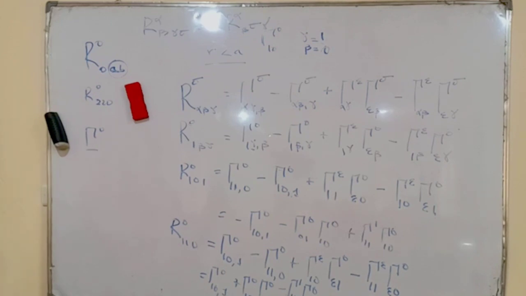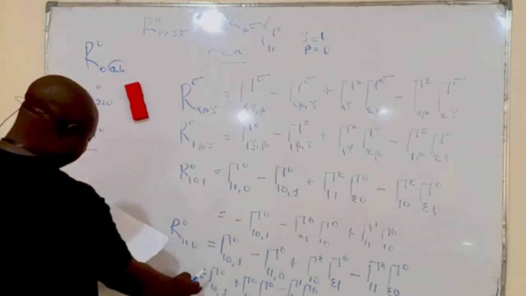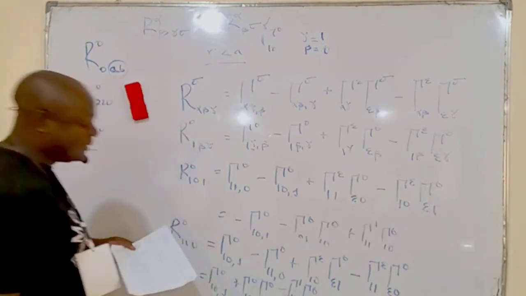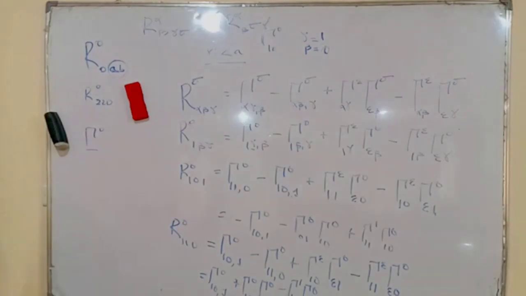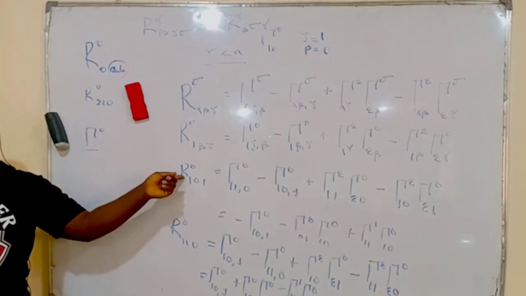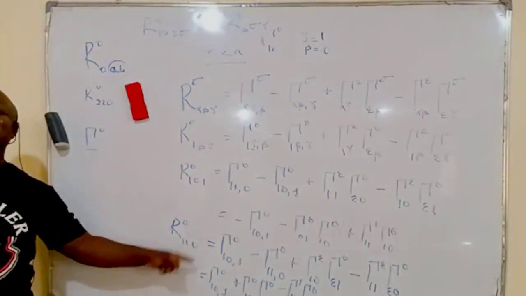Okay, so this is your own expression here. Is it the same? 1, 1, 1, 0. We got this plus this minus this is correct. So the one that is missing is this one. Once you get this one, you automatically deduce this one.